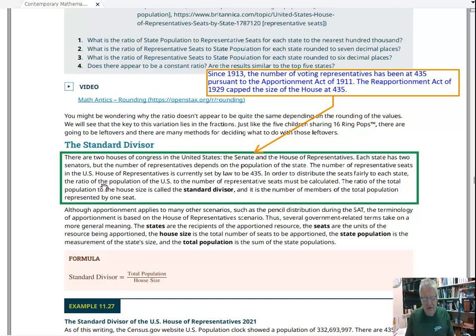In any case, here's an introduction on what should happen. You ought to apportion these 435 seats across 50 states, and you have to do it as fairly as possible. So that's the problem here. And then there's one more problem, which is, of course, you cannot give away a fractional seat. You cannot cut a person in half.